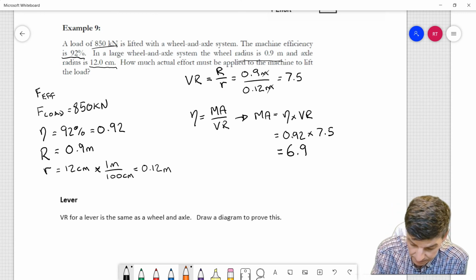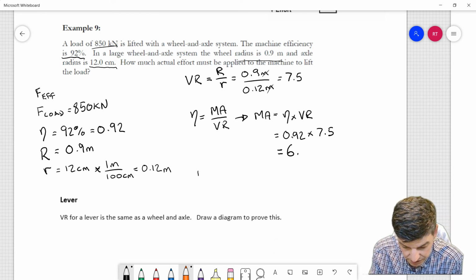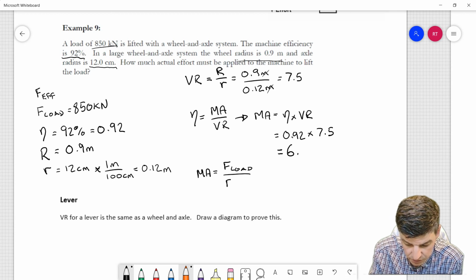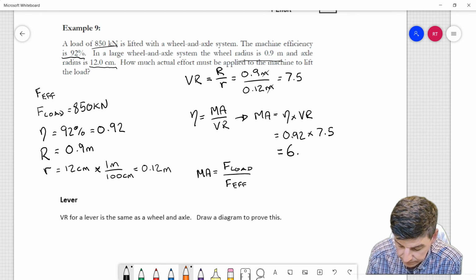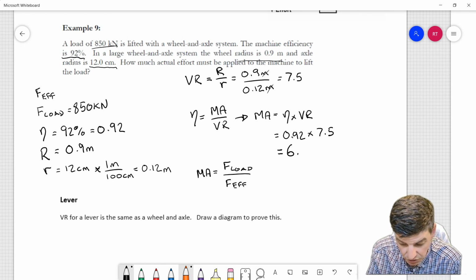Final step is to use MA to figure out my forces. MA is equal to the force of my load compared to the force of my effort. I want to solve for the effort.